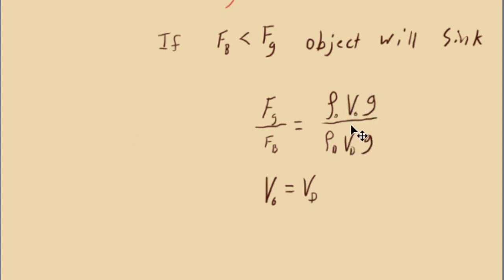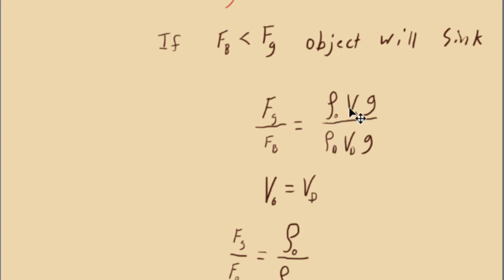So if we maximize this value and multiply by our density, it's still going to be a smaller value than if we multiply the density of our object by our volume. So these volumes in this situation are going to be the same. Basically, there isn't enough volume for the buoyant force to take over and make this object float.